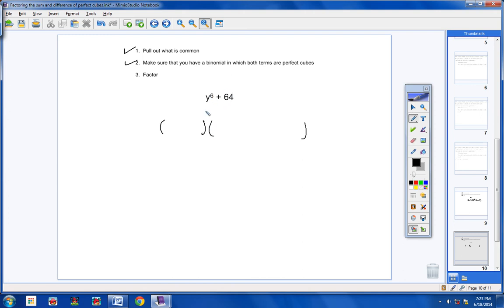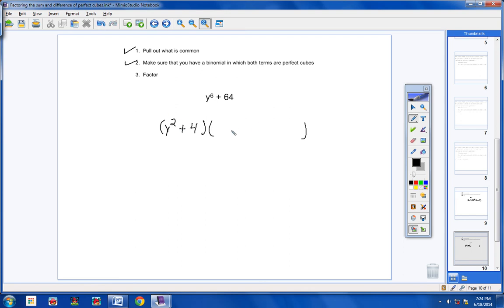So remember, in your head, you take the cubed root of this term, and the cubed root of y to the 6th is y squared. Next, in your head, you take the cubed root of this term right here, and the cubed root of 64 would be 4. And then whatever this sign is right here, you bring it down and you put that sign right here.